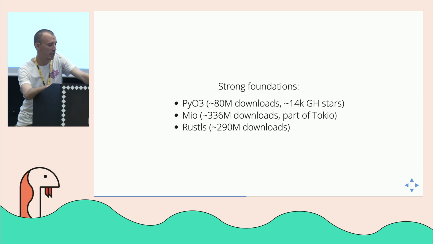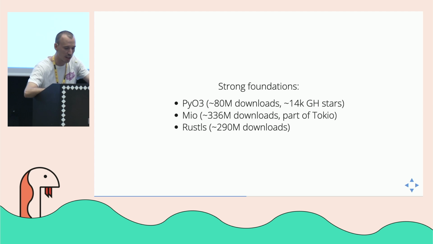PyO3 is amazing, by the way. You have Mio, which should be Metal I/O, I think. It's part of Tokio, which is what everything doing async stuff in Rust uses. They try some other things, but at the end of the day, you use Tokio.